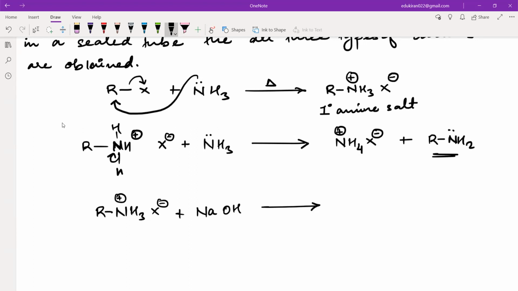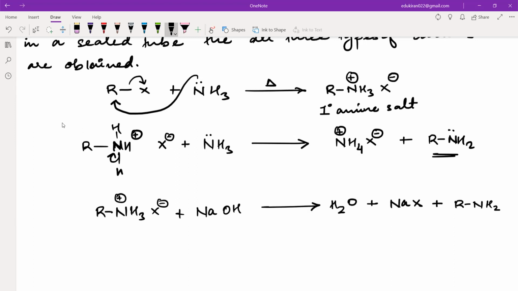The OH negative from NaOH abstracts a hydrogen from NH3 and makes water, and then Na positive attacks the X negative, making NaX, and we are left with RNH2.